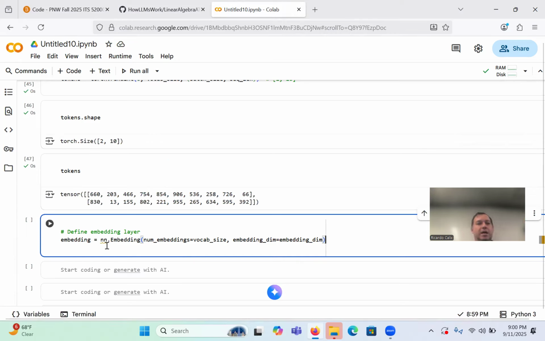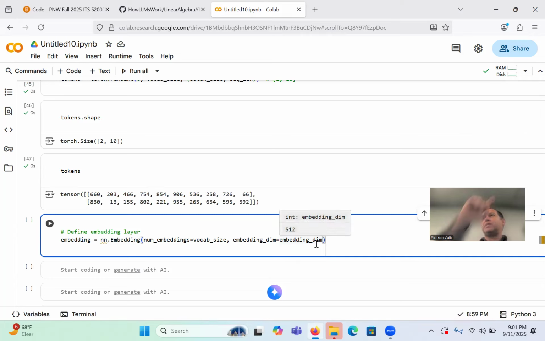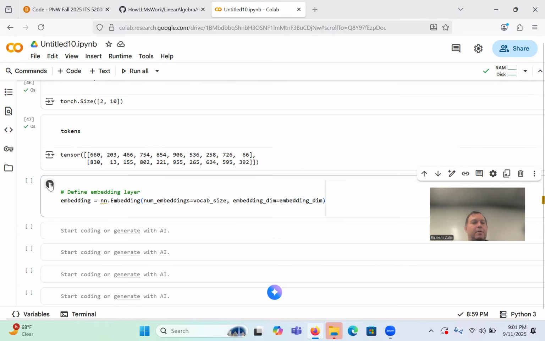Okay, if you notice, it's called nn.Embedding. It takes the number of embeddings, the vocab size, so 1,000, and then the embedding dimension, which is 512. So it's that matrix of 1,000 by 512, or 50,000 by 512. Okay? So you create that there.